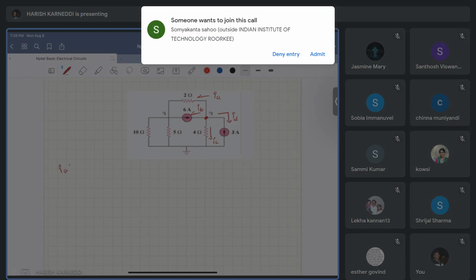That is IA plus IB plus IC plus ID equal to 0. Now what is the IA value? IA is the potential difference. This time we have to consider this potential as higher and this potential as lower. Why? Because we are assuming IA in this direction from right to left.